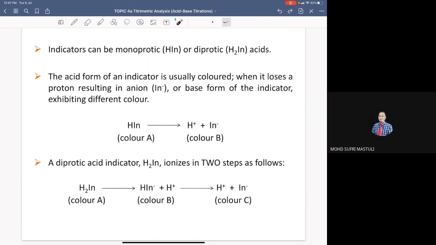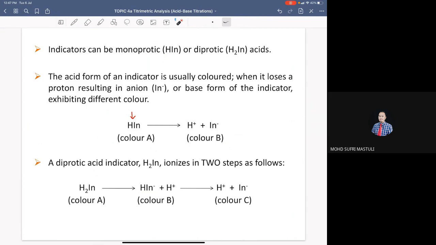So when the indicator loses the proton, the color will change from one color to another color.